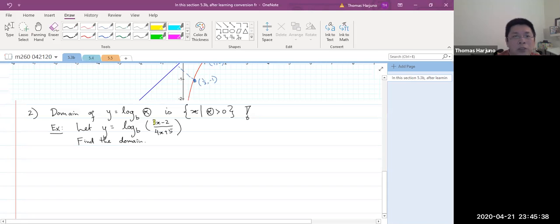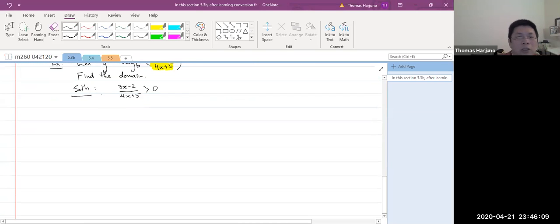What we do is we set the argument to be strictly positive. So the solution: the argument (3x - 2) over (4x + 5) has to be strictly positive. Now how to solve that? It's a non-linear inequality. So I need to do it in 3 steps. Step 1 was the critical numbers, right? I hope you remember that.